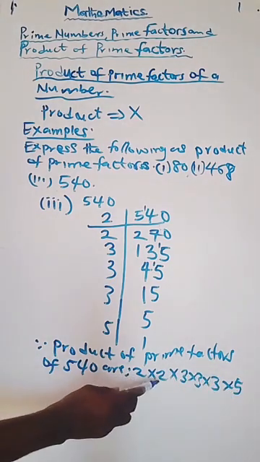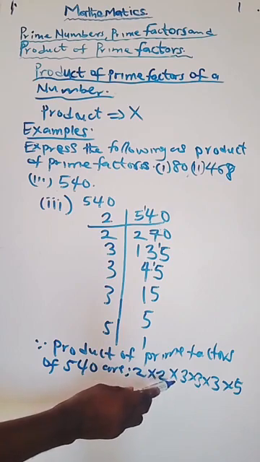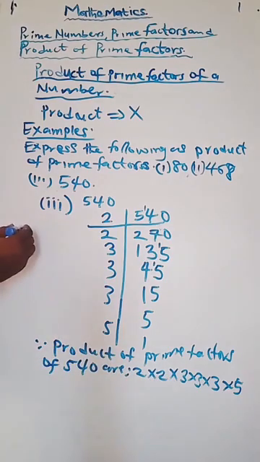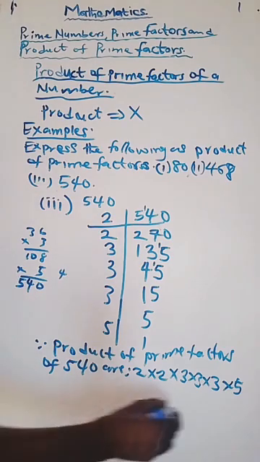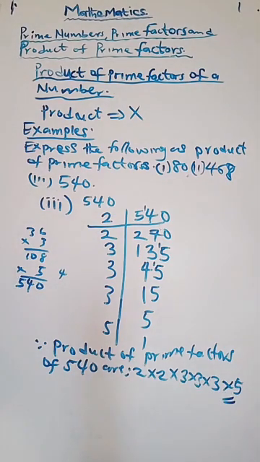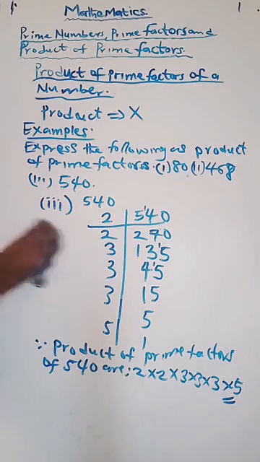Let's check. 2 times 2, 4. 4 times 3, 12. 12 times 3, 36. 36 times 3, 108. 108 times 5, 540. That is correct. So the product of prime factors of 540 is 2 times 2 times 3 times 3 times 3 times 5.